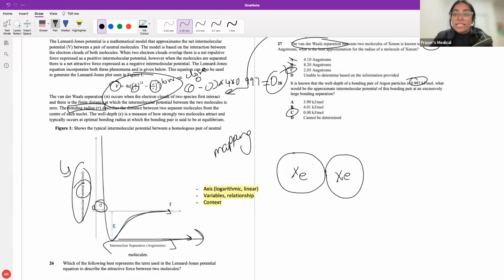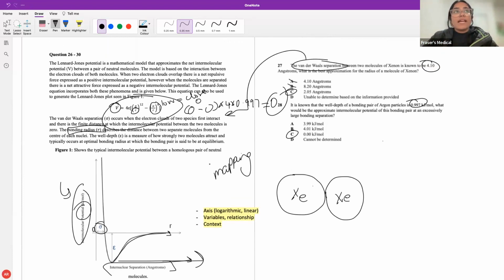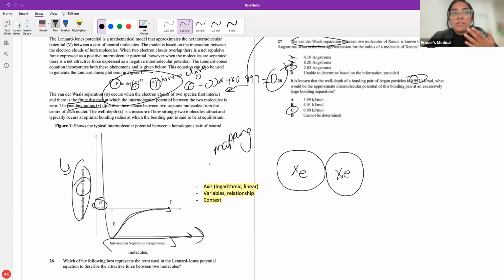The major takeaway from that: unless specified, use every bit of information that has the keyword in there. You're looking at the keyword, going back to the stem, looking at where it is, and that's your entire mapping process. That's the major takeaway from this.